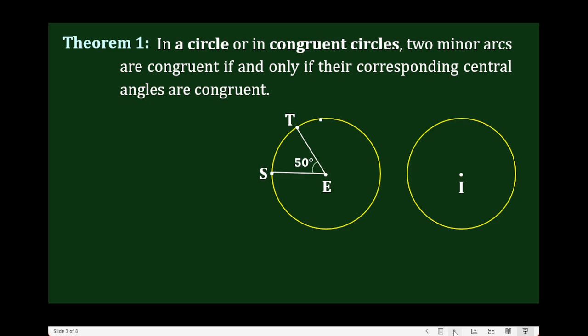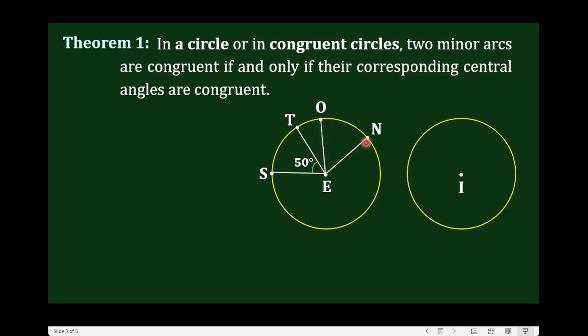Now, what if we draw another central angle? So we choose another 2 points on the same circle. Say this is point O, together with the fourth selected point, which is point N. Just like what we did on the first central angle, we form two radii from point E to each of these points, O and N. And we have another central angle, which is named angle OEN.